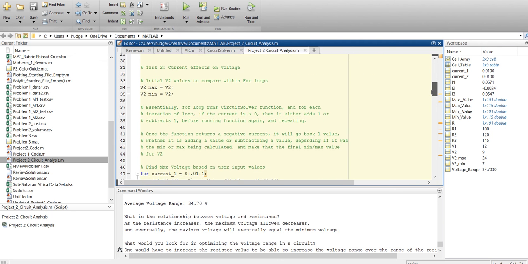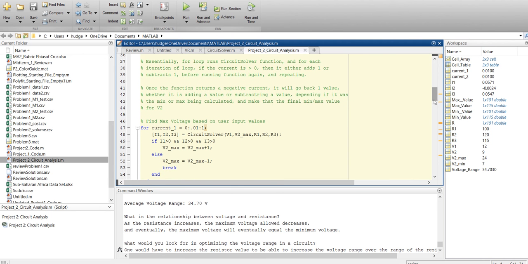and that's the first task. The second task is finding the minimum and max. And so we have our initial second voltage value. So the initial is the second voltage value, and so we use the for loop and using our user-defined function. And so for each iteration of loops, if the current is greater than 0, then it adds 1 or subtracts 1 before running the function again, and it repeats and repeats.